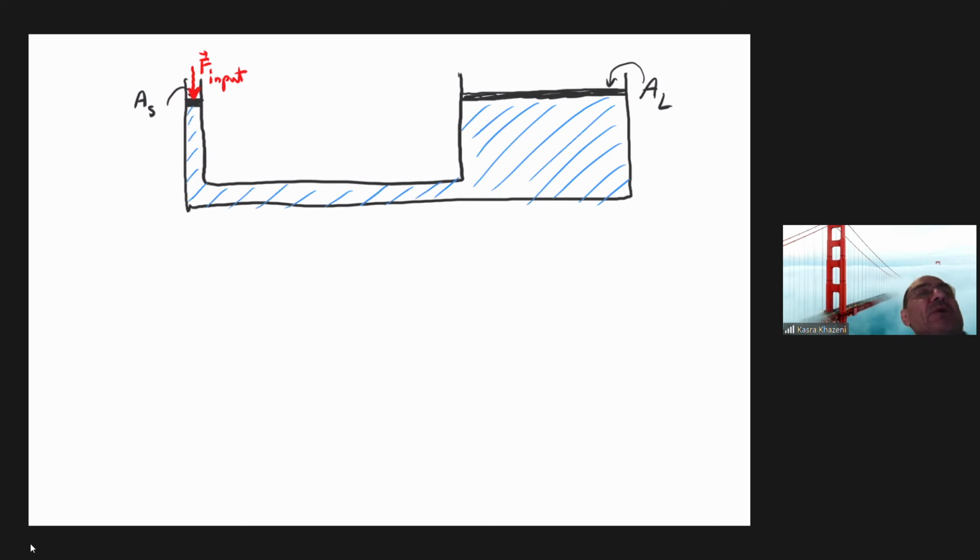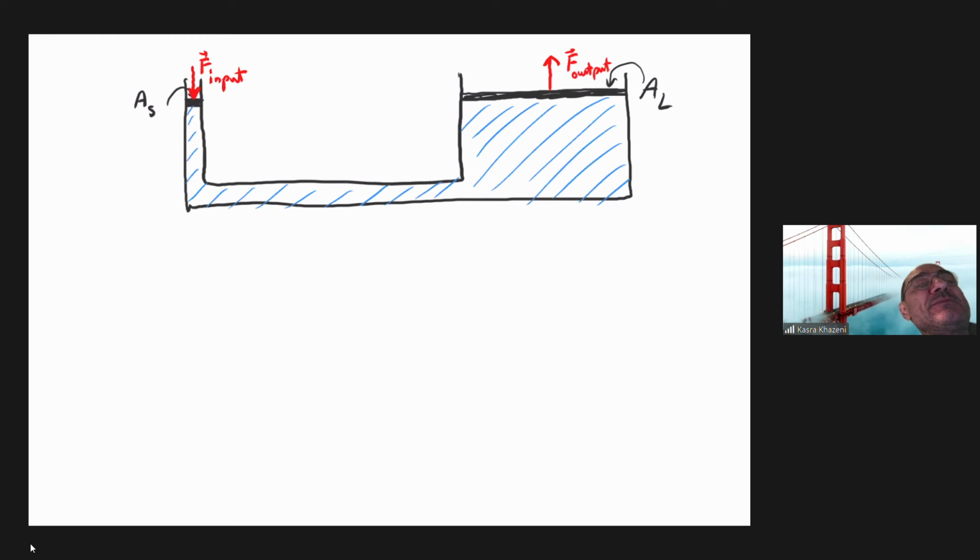So I'm going to push down on the small piston, and obviously there would be a force on the output pushing the other piston up.